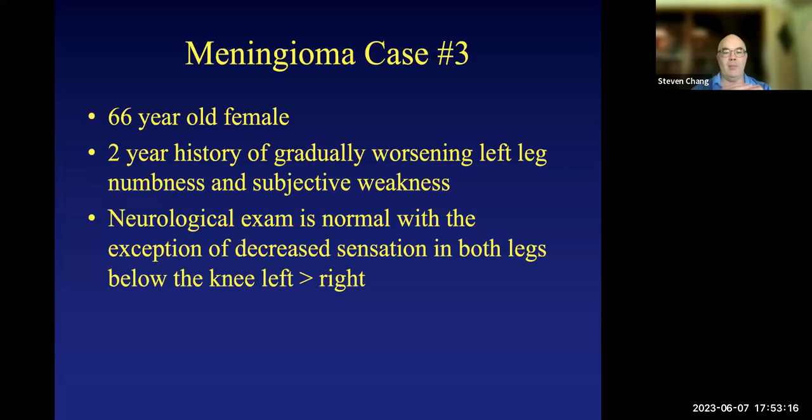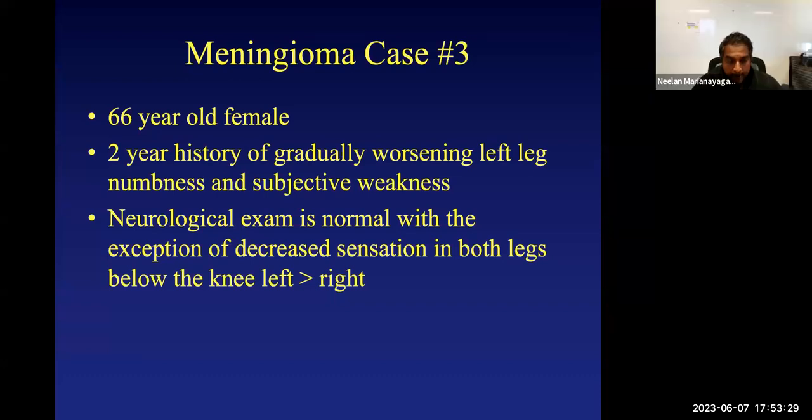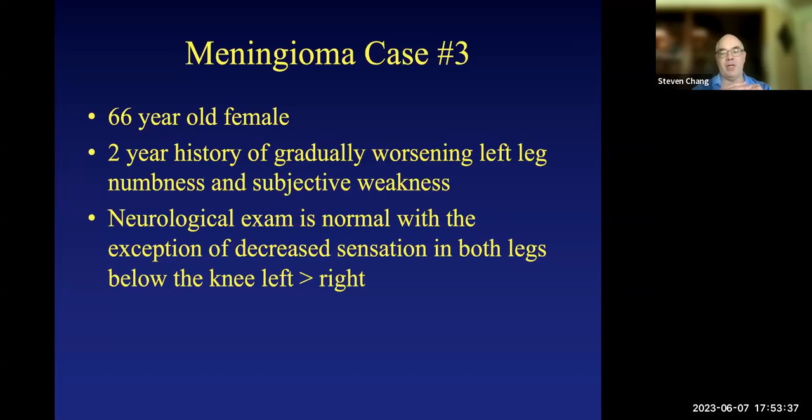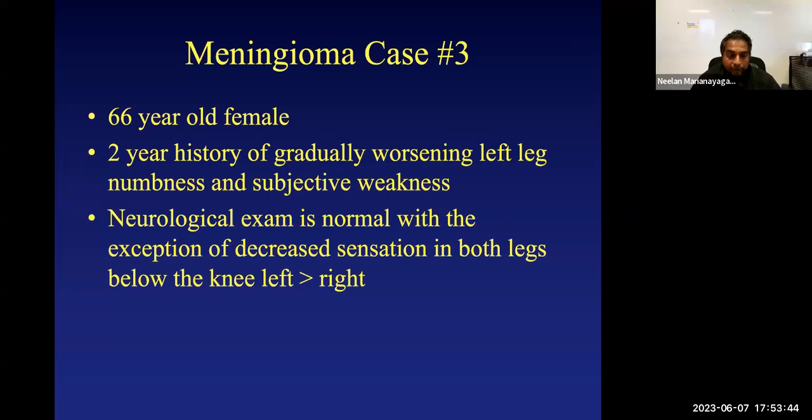Neelan, what do you think of this lower extremity weakness? What's the most likely cause of that? Not the weakness, the bilateral foot numbness. Broadly, in the general realm of all neurology, what's the most common cause for the numbness?